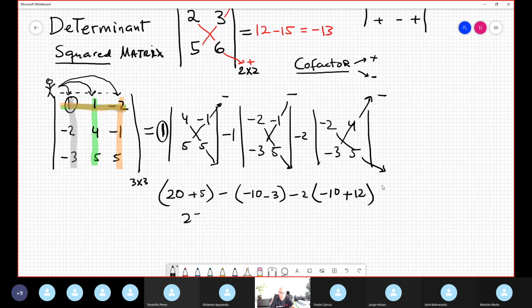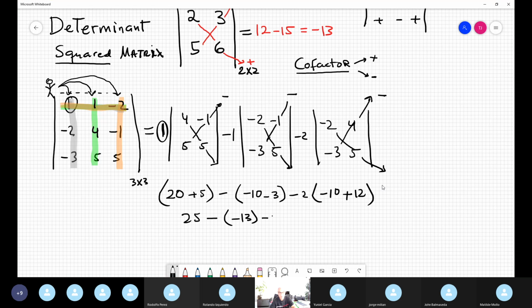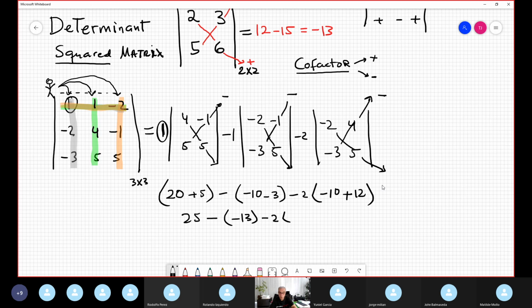Okay, so we have 25 minus, minus 13, minus 2. Actually, it's 25 plus 13 because minus times minus is positive, minus 4. The answer is 34.